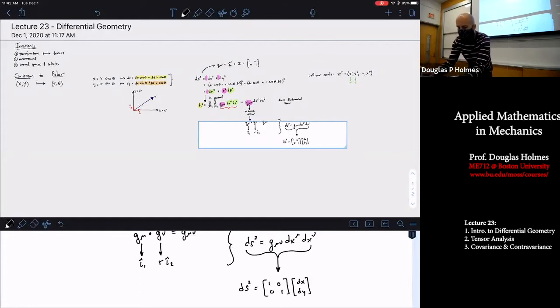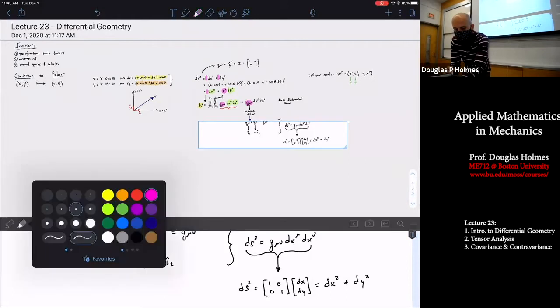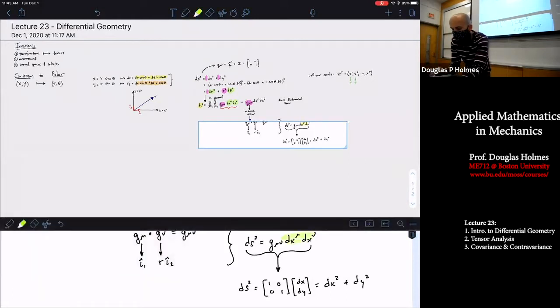You should be able to see fairly quickly that this is going to give me something like dx squared. Where does the squared come in? Oh, that's because this is dx, dx. Okay, perfect. So this will be dx squared plus dy squared, and it's because you have this product here. You can also see why you don't have any mixed components. You don't see a dx dy because the metric tensor has no components in the off diagonal.